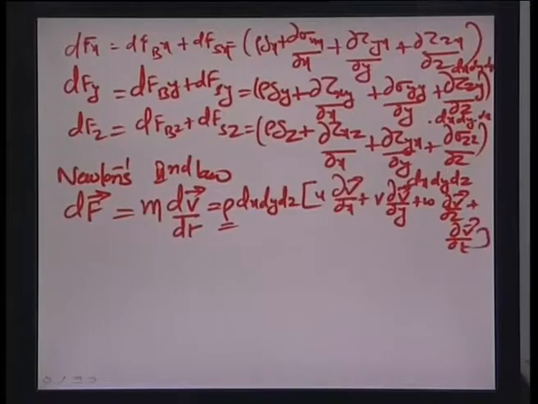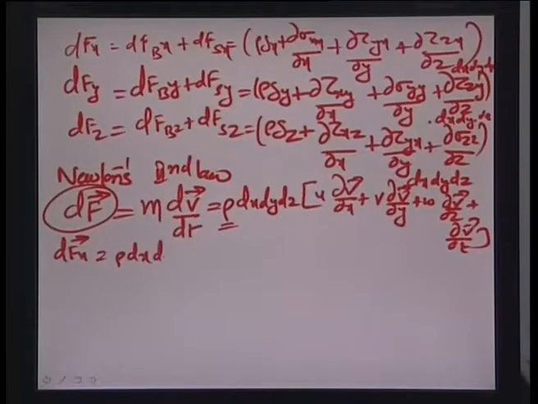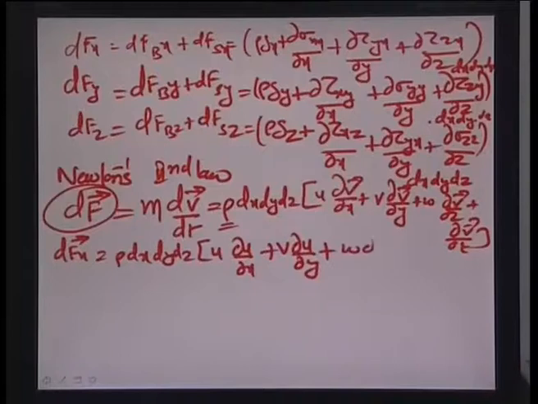Okay, and if you physically resolve the different components dfx, dfy and dfz in this particular expression, then you are left with dfx essentially rho dx dy dz times u del u by del x plus v del u by del y plus w del u by del z plus del u by del t, and let us call this equation 1.